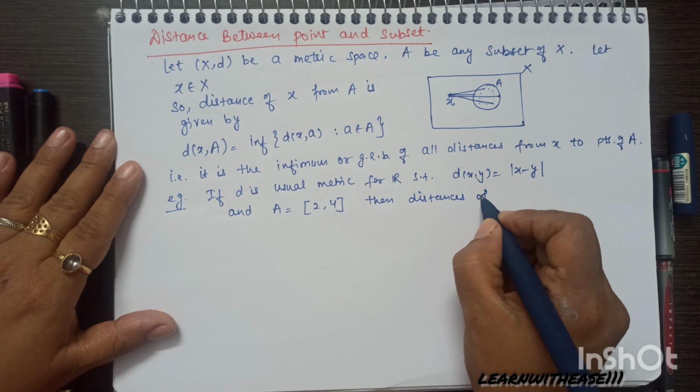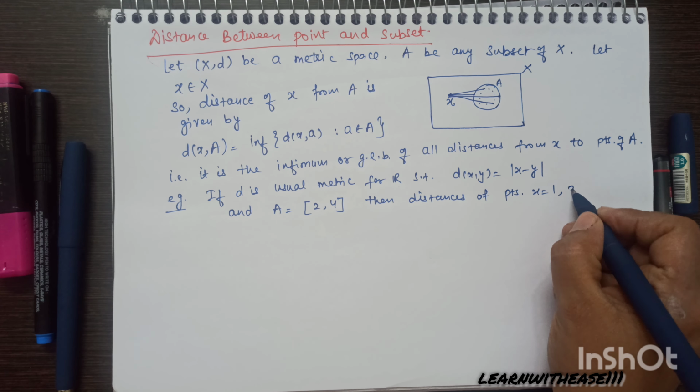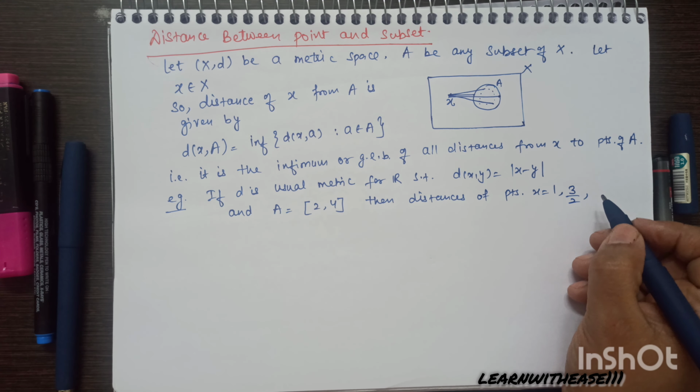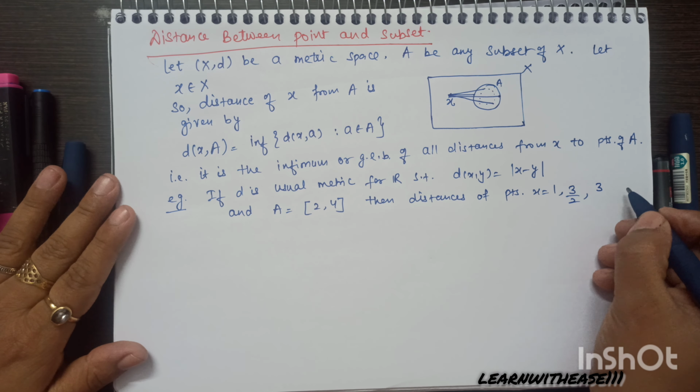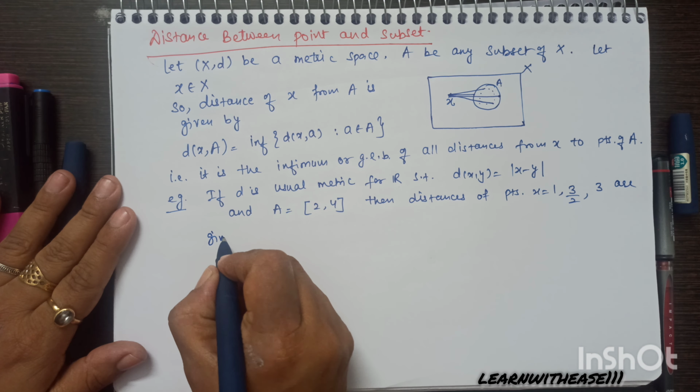We need to find distances from different points to A: from x equals 1 to A, then from 3/2 to A, and then from 3 to A. These are the different questions we are considering.